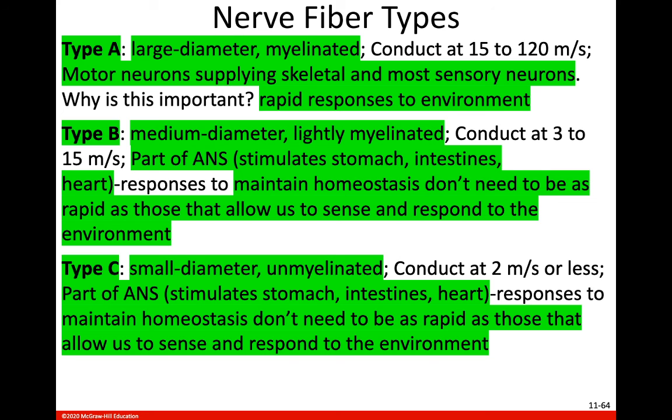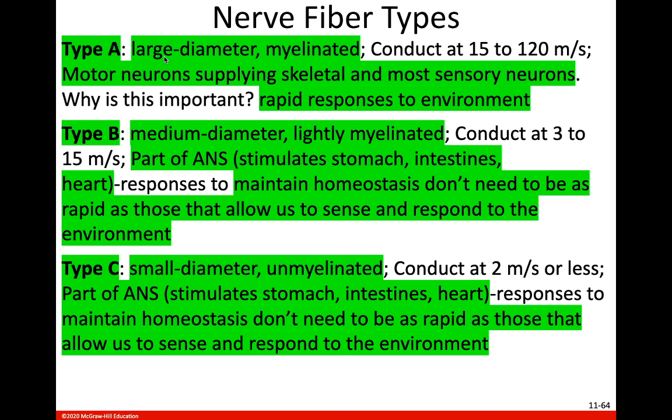Anyway, so we are about to touch a hot pan, okay? That information that is very hot needs to be conducted to our CNS very quickly, and then our CNS needs to be able to send a response information signal back very quickly to get us to move our hand.